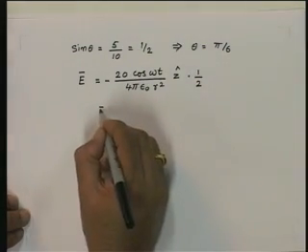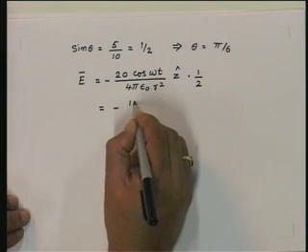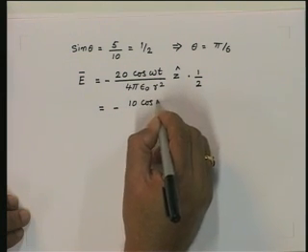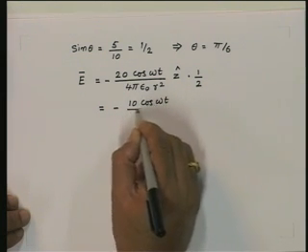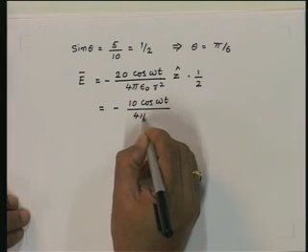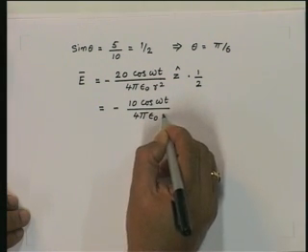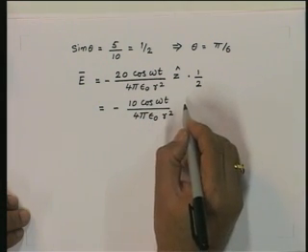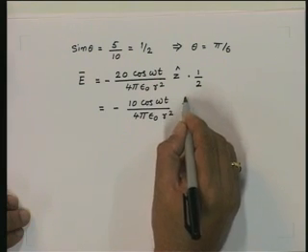So, we get the electric field which is minus 10 cos of omega t divided by 4 pi epsilon 0 r square z cap.